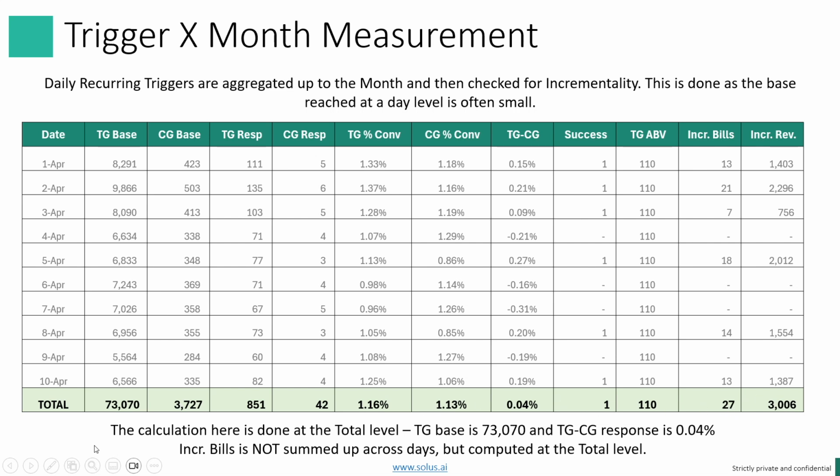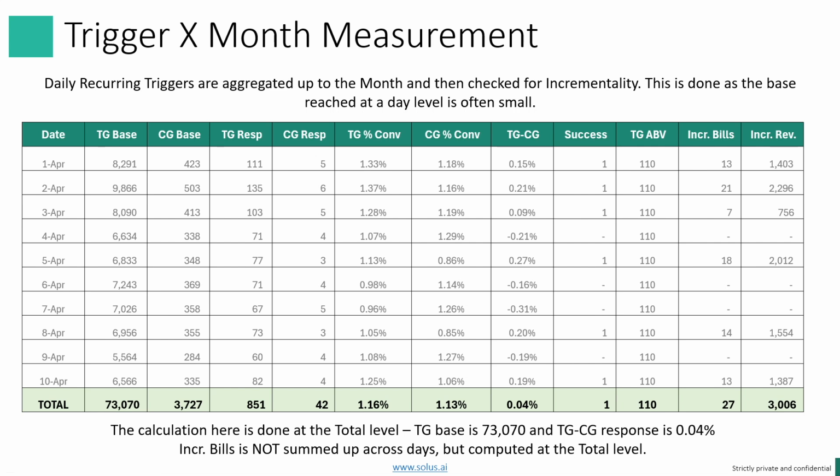So you first add up 73,000 TG base, 3,000 CG base, and you do the entire computation for this line. You don't bother about what it looks like for day level trigger outreach and conversion. This is usually the most common way it's done.